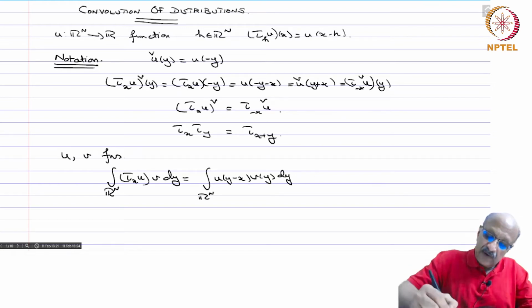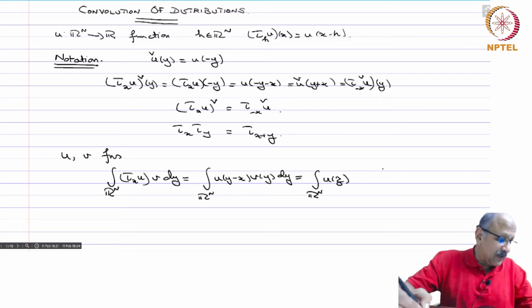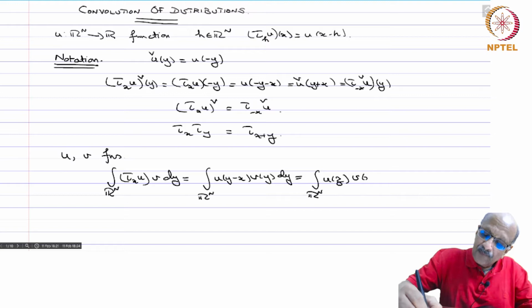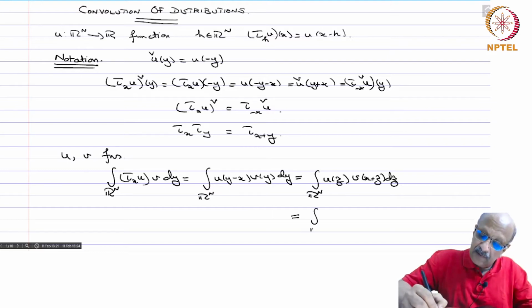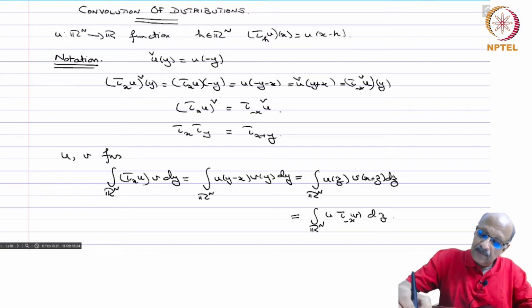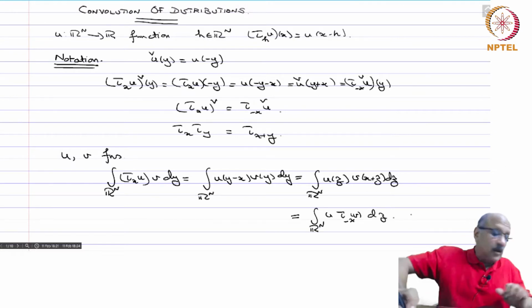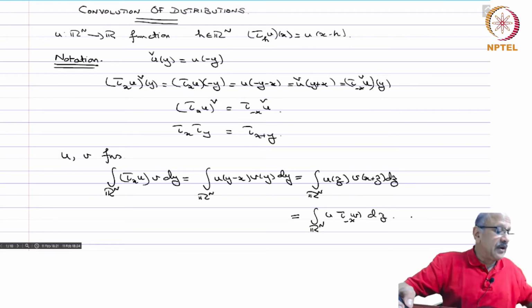Then we make a change of variable y minus x equals z, and therefore this is the integral over Rn of u of z v of z plus x, okay, so v of x plus z dz, by the change of variable formula, and this will turn out to be the integral over Rn of u into tau minus x of v dz. Okay. So, you copy this, and therefore we define the translation of a distribution.